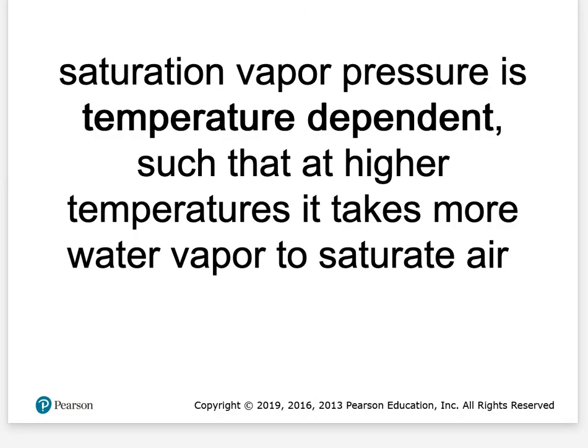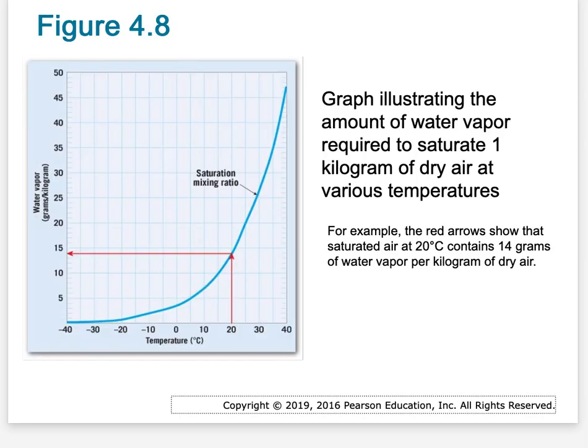So again, saturation vapor pressure is temperature dependent, such that at higher temperatures, it takes more water vapor to saturate air, which we'll see in this graph. So here, this graph is illustrating the amount of water vapor required to saturate 1 kilogram of dry air at various temperatures. For example, the red arrows show that saturated air at 20 degrees Celsius contains 14 grams of water vapor per kilogram of dry air.